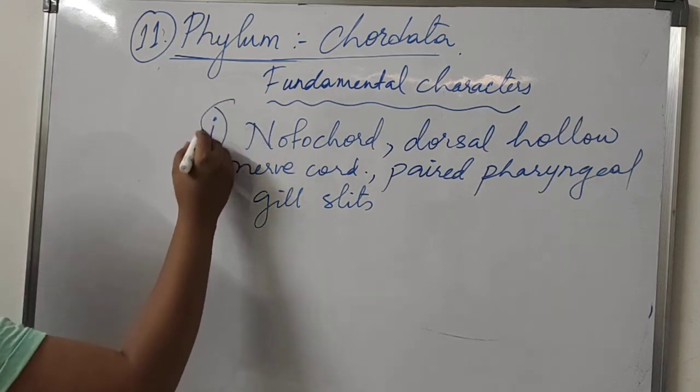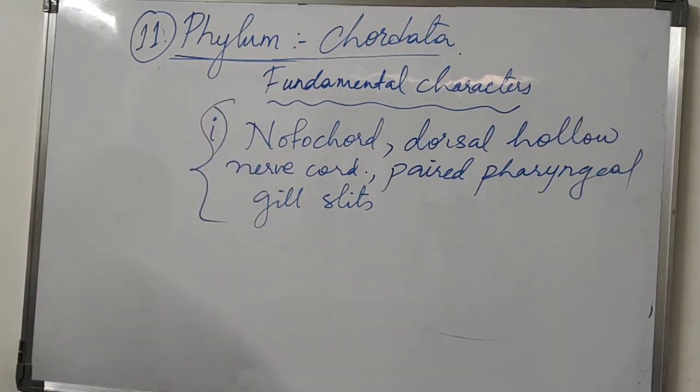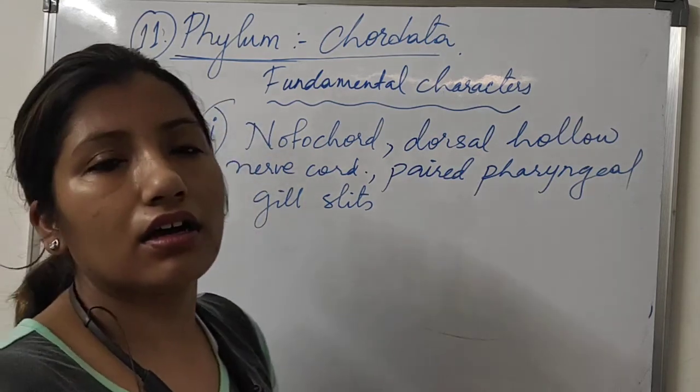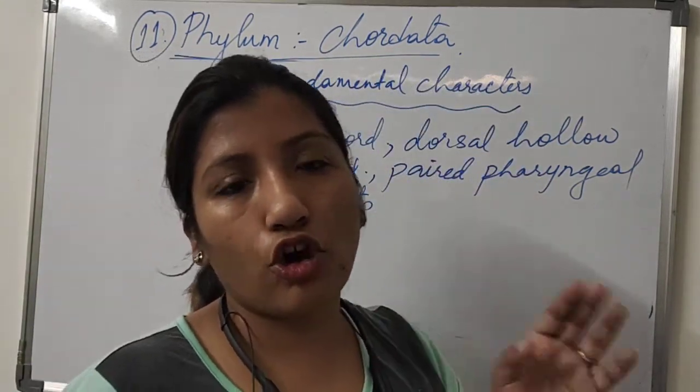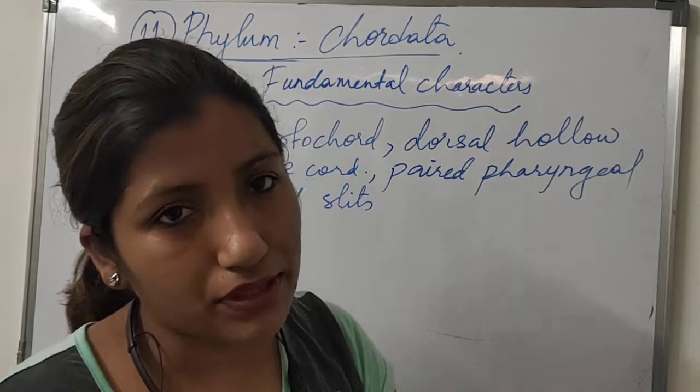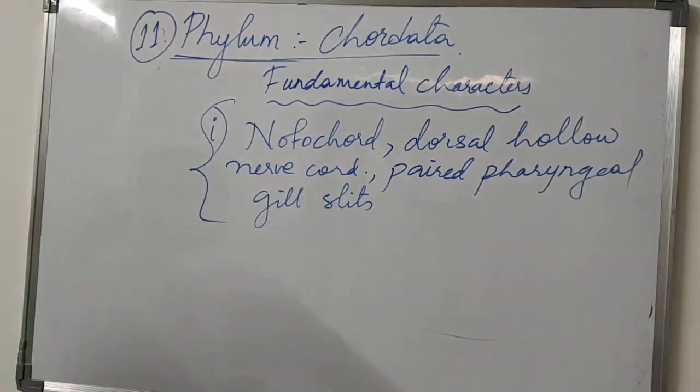So these are the fundamental characters which are only present in chordates. These characters are not found in non-chordates. Till Hemichordata, what we have seen, you won't see these characters.